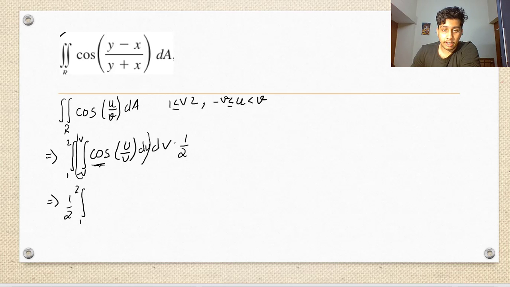Since we are integrating cos, it will become sine of u by v, and integrating with respect to du, it will become v, ranging from minus v to v, dv.